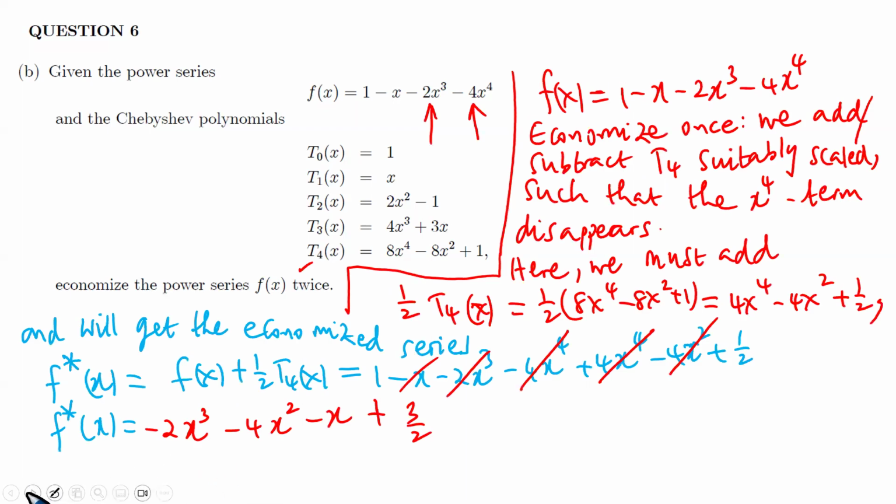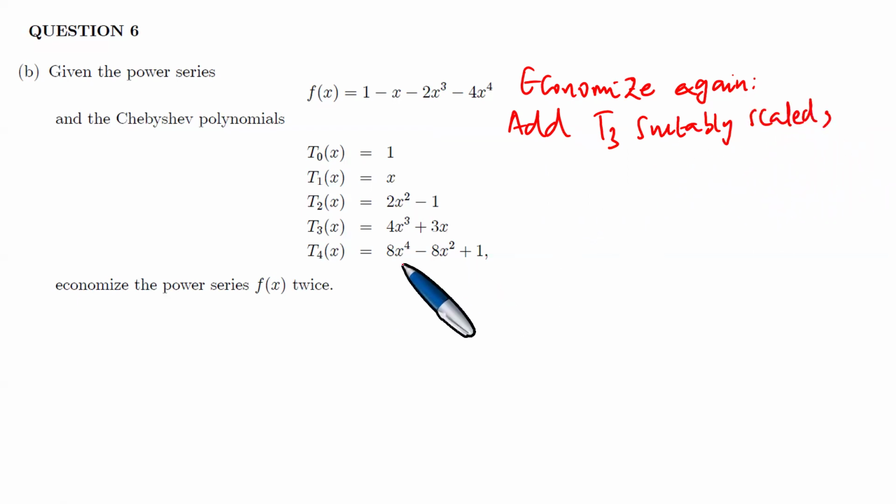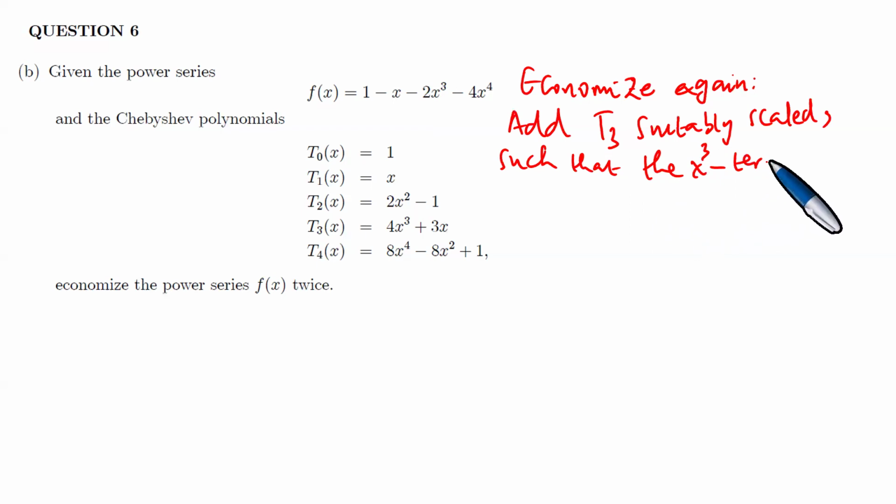What we're going to do is add T3 suitably scaled, such that the x cubed term disappears. So we continue.